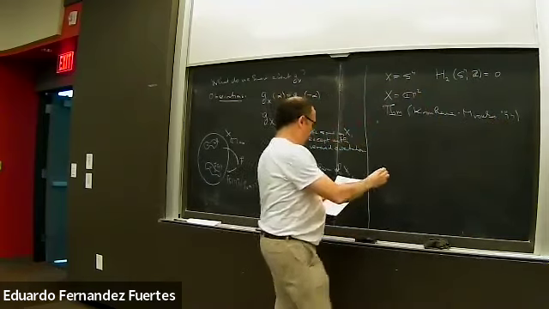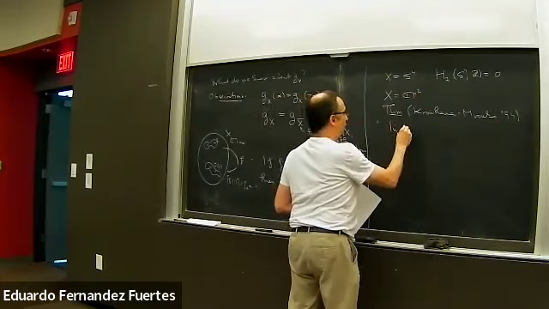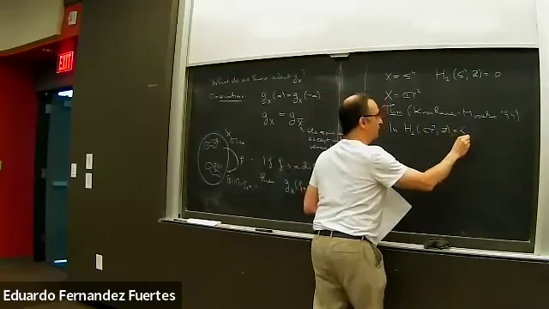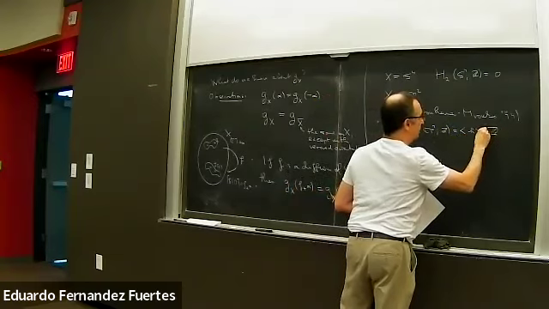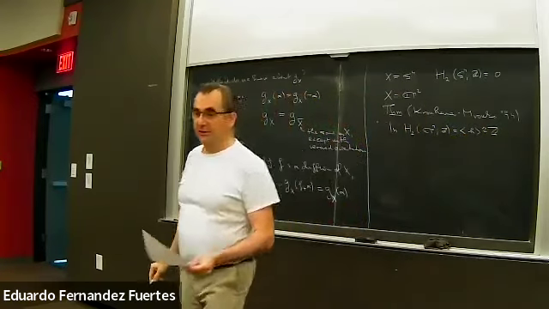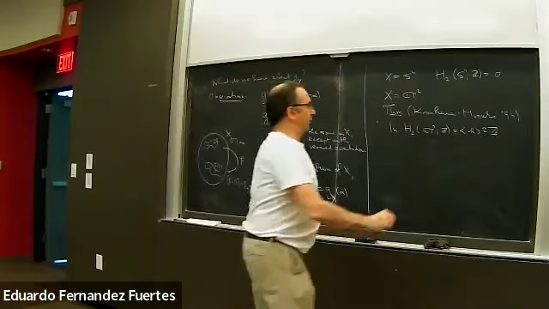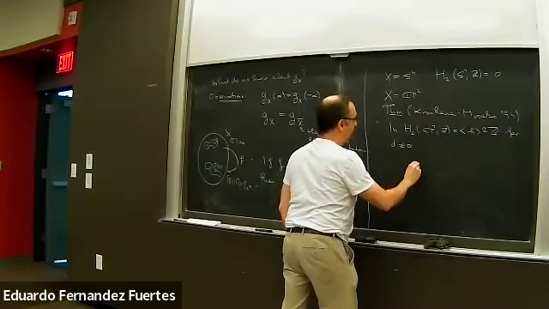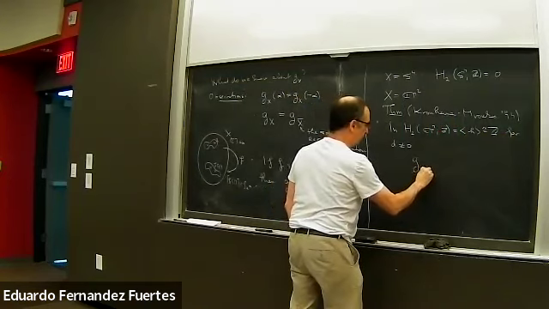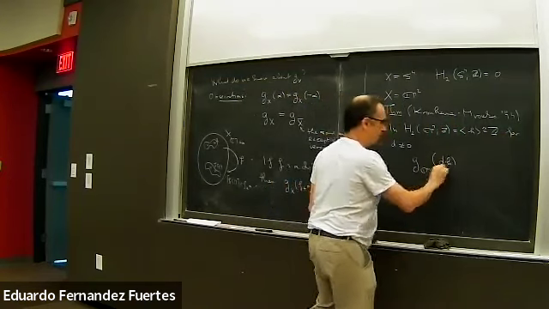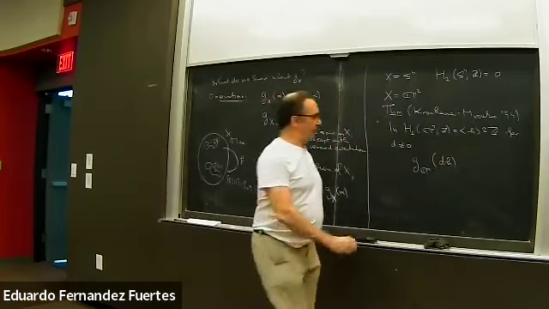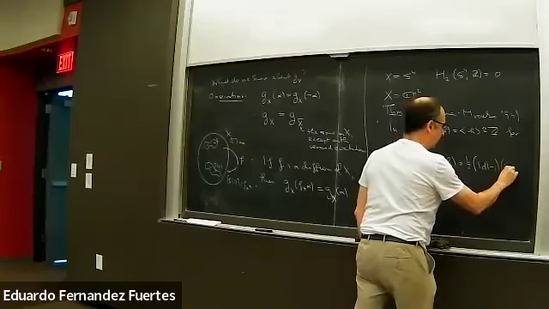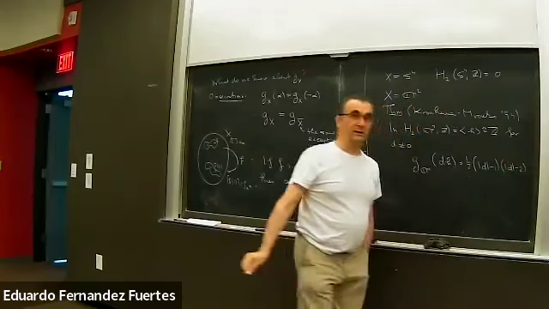In H2 of CP2 with Z coefficients, which is just isomorphic to the infinite cyclic group generated by H, for D not equal to 0, we have the following formula: the genus function of CP2 on D times the generator has minimal genus 1/2 times the absolute value of D minus 1 times the absolute value of D minus 2.